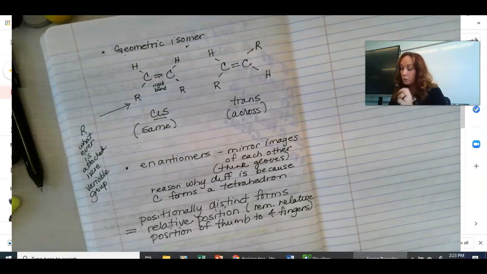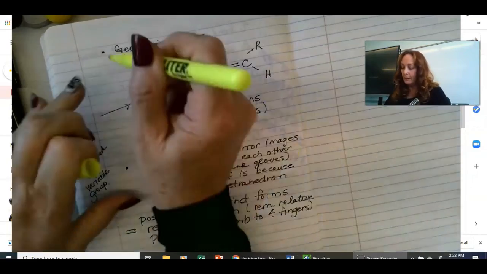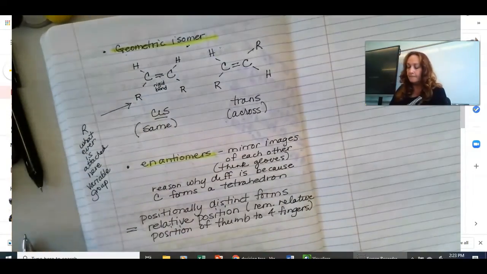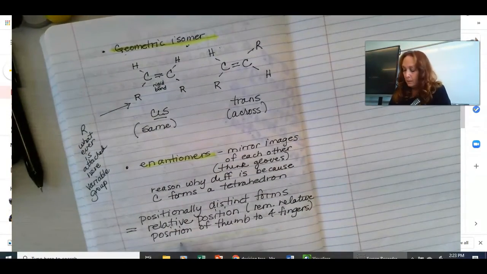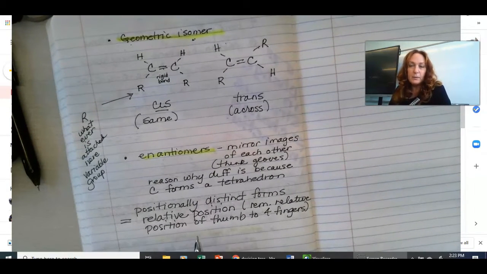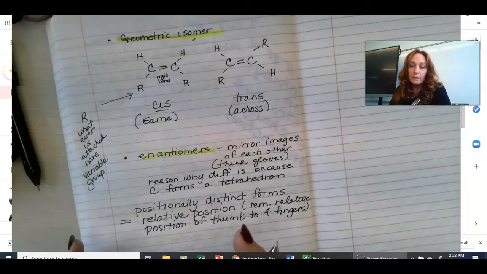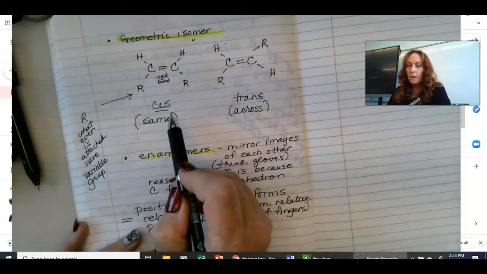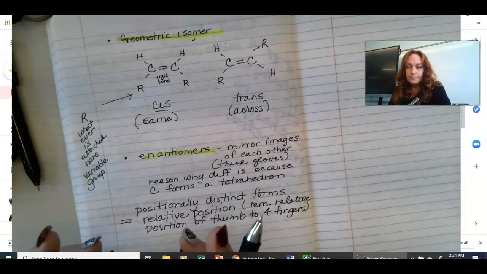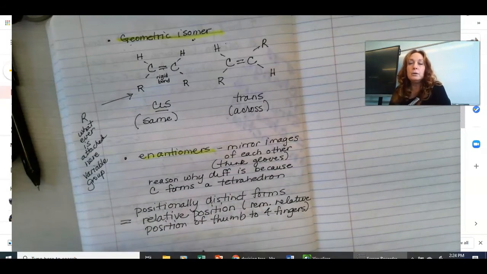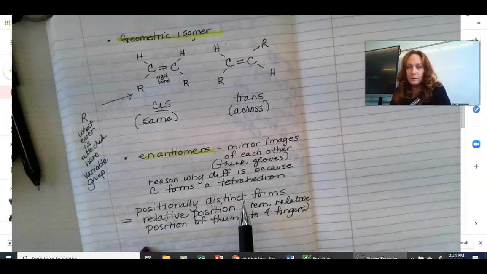And what we usually do with these, let me highlight these real quick while I'm thinking about it, is we think about this a lot of times for drugs. If they're trying to make a molecule, let's go that route, they will make both forms.